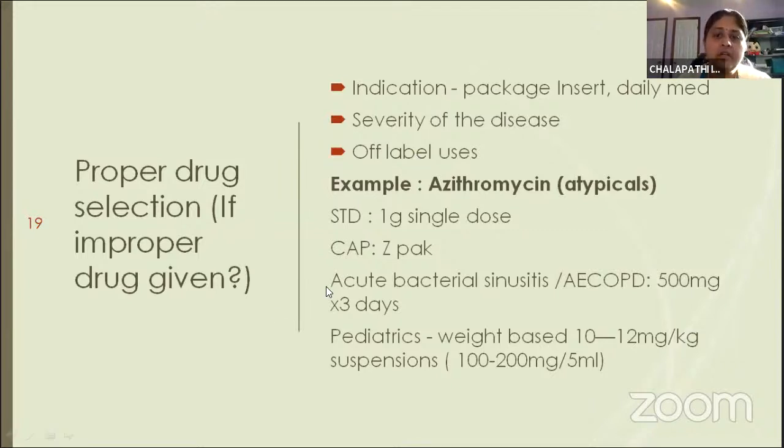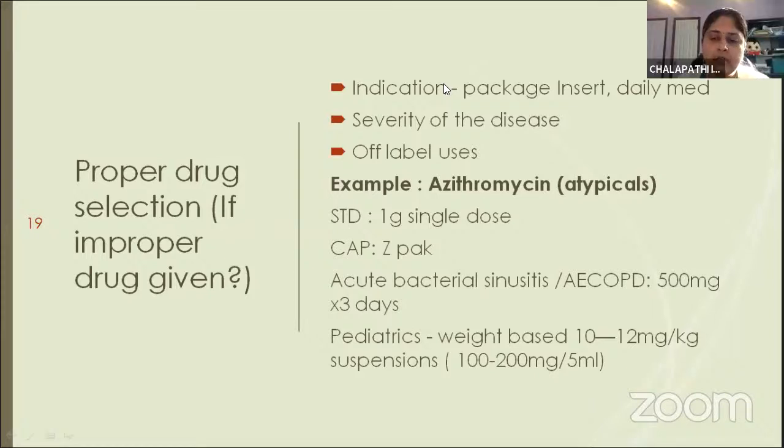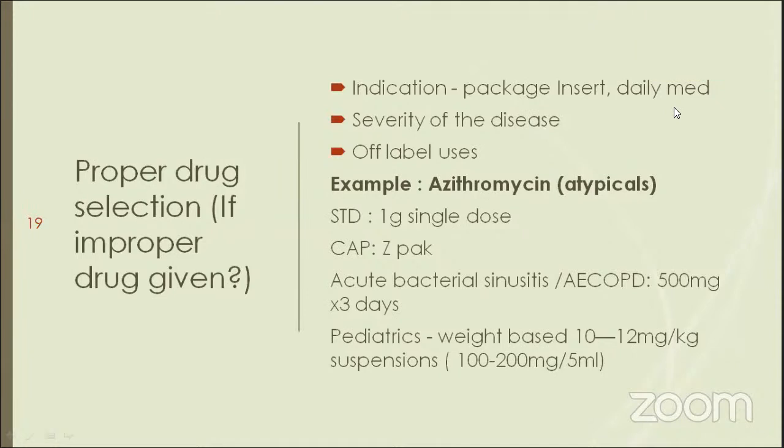To select a drug, we need to know the indication, we need to know the severity of the disease, and azithromycin. Which category does it belong to? Macrolides, right? And they treat atypicals. Can you tell me what the atypicals are? Atypical organisms? Mycoplasma pneumoniae. Okay.